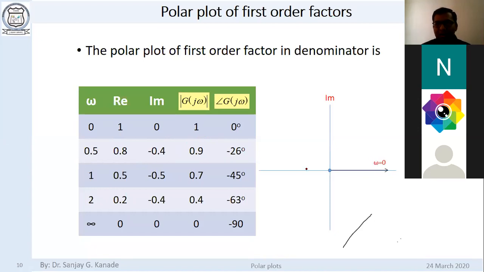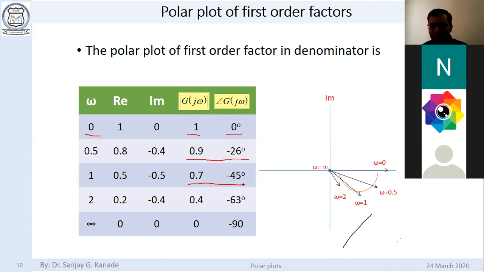So magnitude of G of j omega for omega equal to 0 is obviously 1. So it is a vector of length 1 for omega equal to 0, and the angle of that vector is 0 degrees, meaning the positive real axis. Similarly, if you do all these calculations, you can find out the magnitude and phase of each of them.